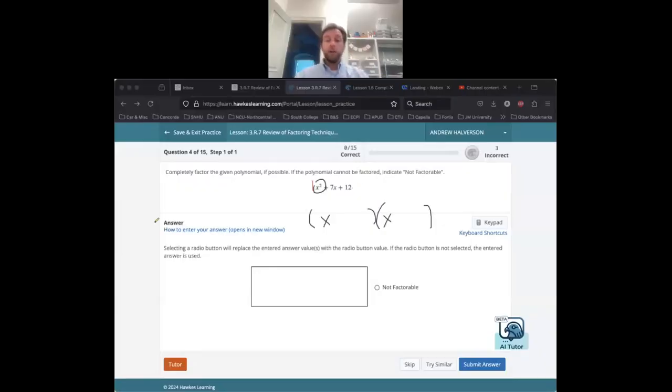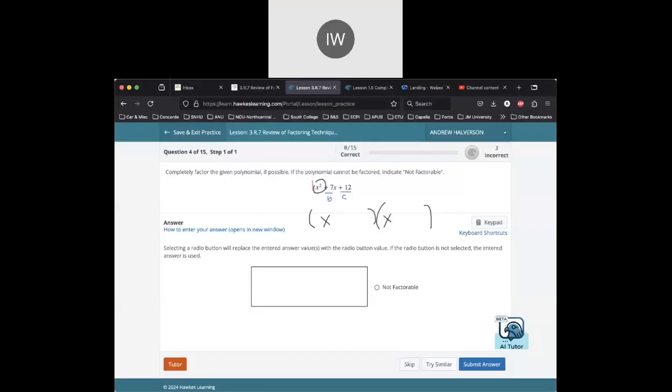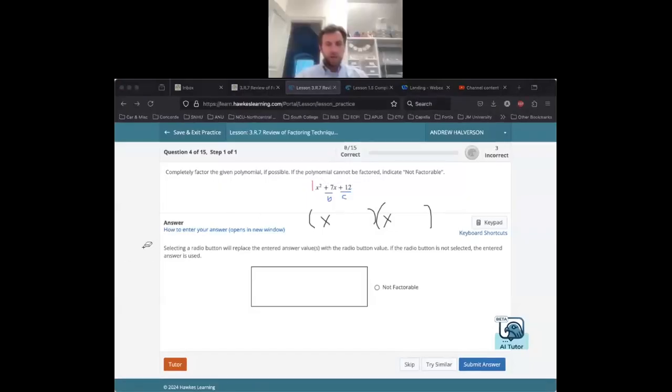And then step 3, look at the factors of the c term that add to the b term, the b value. And you just look at the numbers, 12 and 7. So what factors of 12 will add to give you 7? 3 and 4.